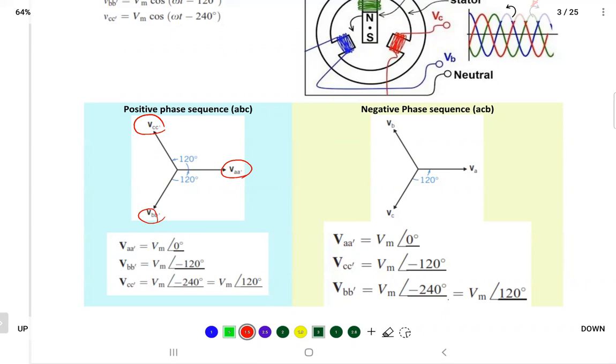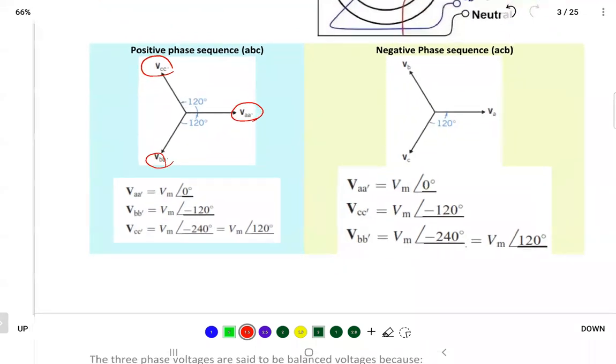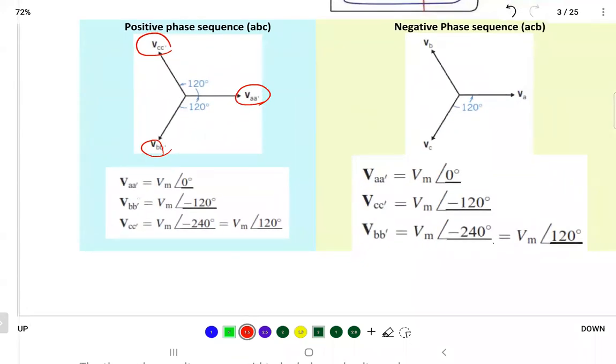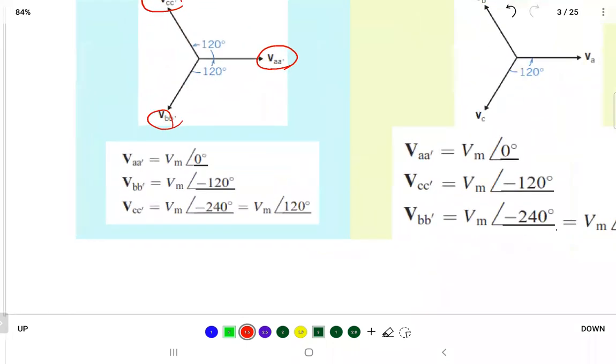So when you look at the phasor representation of the phase voltage, the first one, voltage VA, you might see AA dash. What's AA dash? Any winding has a beginning and an end. When you have a coil wrapped around a pole, the beginning is called A and the end of the coil is called A dash.